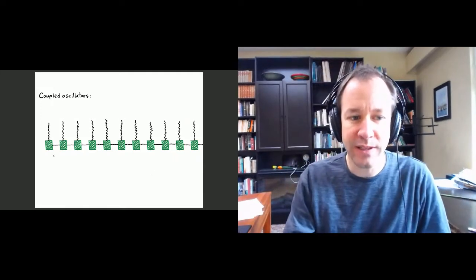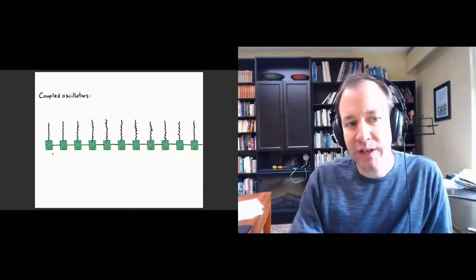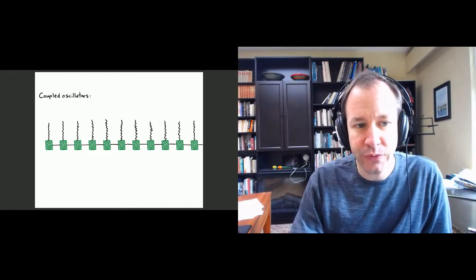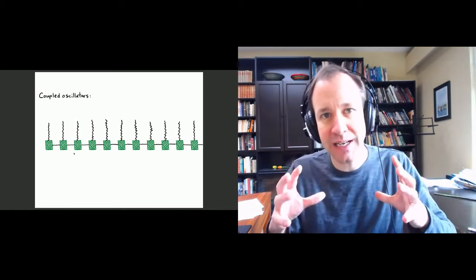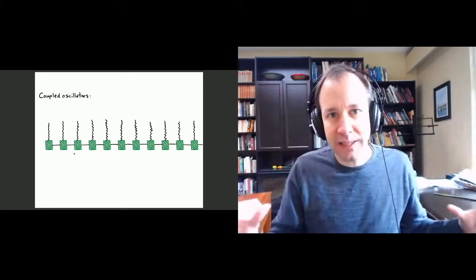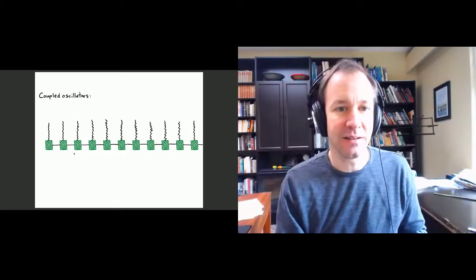So I want to start with a simple situation that's shown here, where you have a whole bunch of coupled oscillators. This is a bunch of masses connected by springs. And this is going to be kind of like a model for solid materials or more complicated materials where you have many different parts that are connected together.